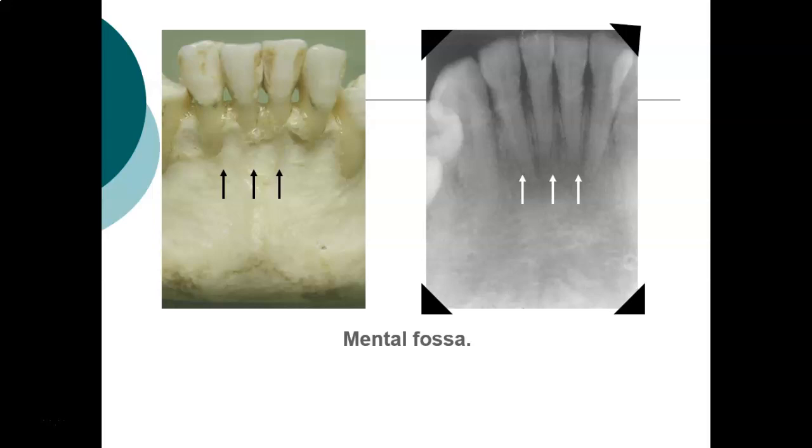So I guess the area can differ. On some people it might be higher, and in other people it might be lower. But that's something to note. If the patient doesn't have any kind of symptoms and there's no caries or inflammation, but you see a radiolucent area, then you know you're probably looking at the mental fossa.